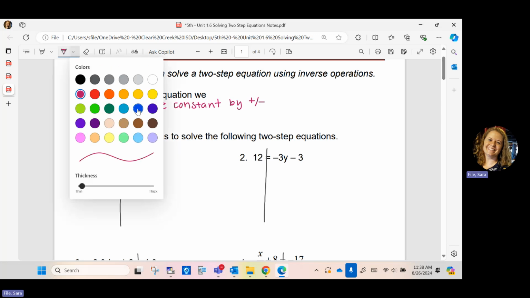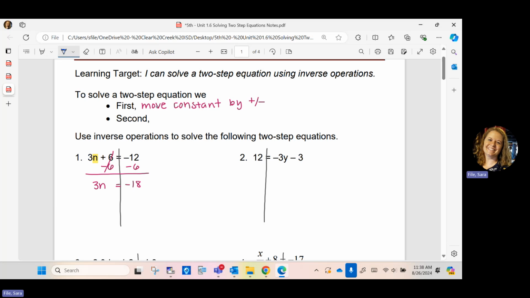So then step 2 is to move the coefficient. That's the number being multiplied in front of the variable.